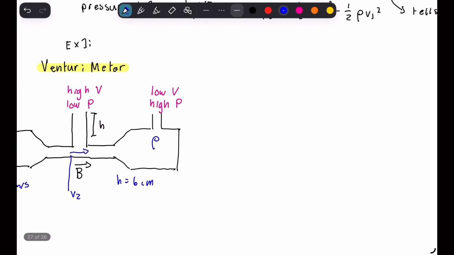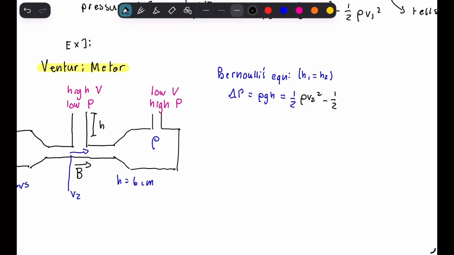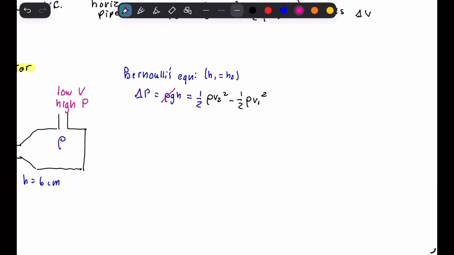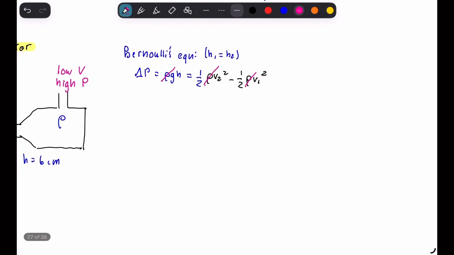So we're going to start off with our Bernoulli's equation, which states that H1 is equal to H2. So the change in your pressure is equal to rho GH, which is equal to 1/2 of rho V2 squared minus 1/2 of rho V1 squared. You can see you have rho on both sides, so you can just cancel that out and clear the fractions.